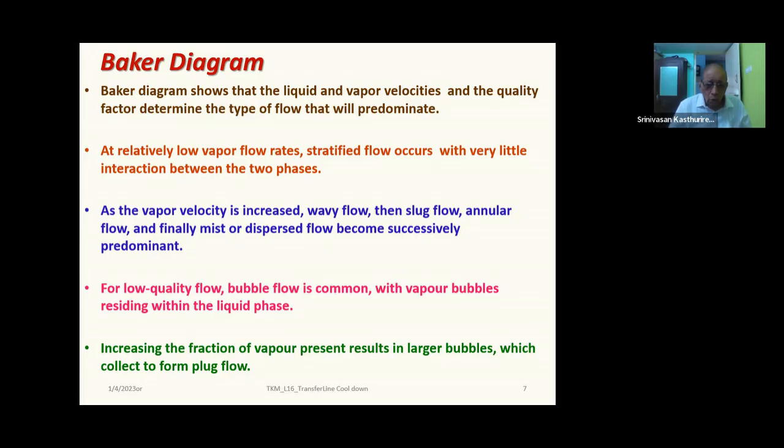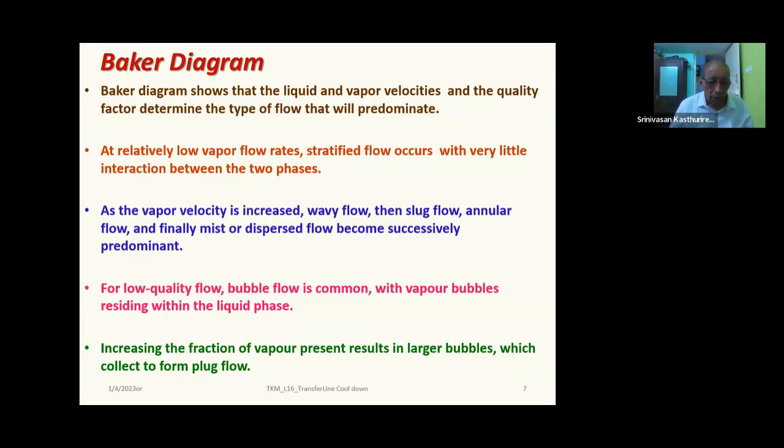At low vapor quality, bubble flow is very common, and the vapor bubbles reside within the liquid phase. This is the type of flow where you normally get a large quantity of liquid at the outlet.